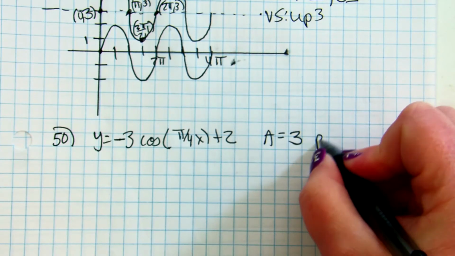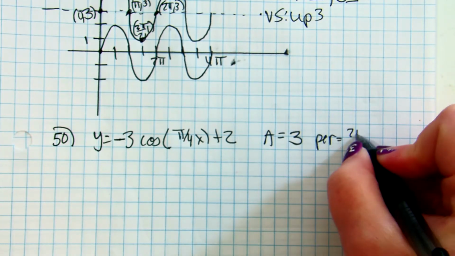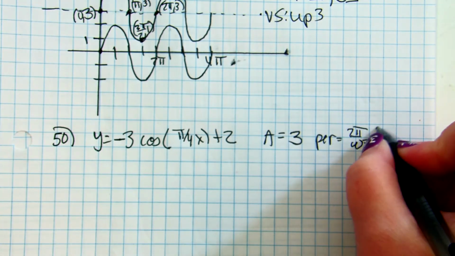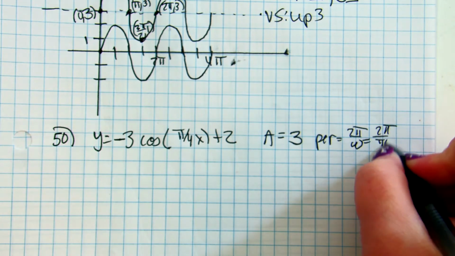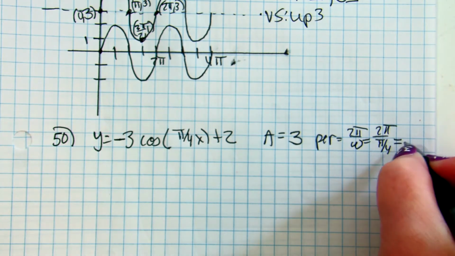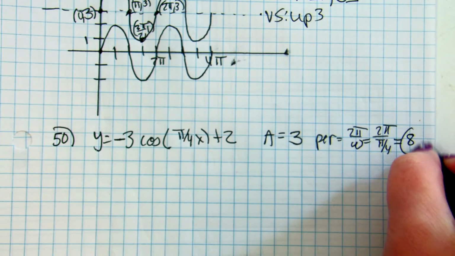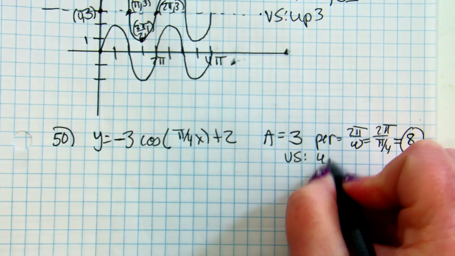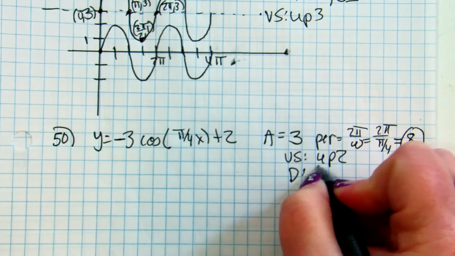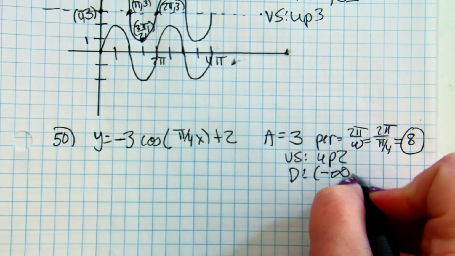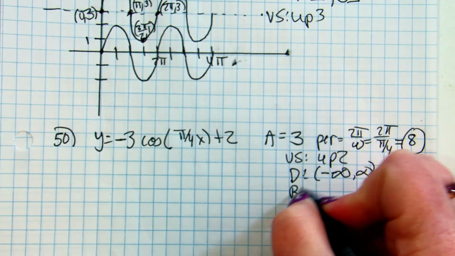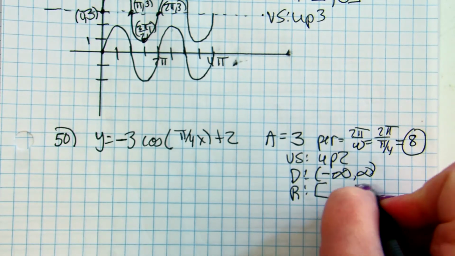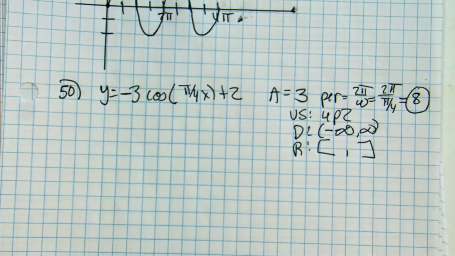The period is 2 pi over w, 2 pi over pi over 4. The pi's cancel. You multiply by the reciprocal, you get 8. There's a vertical shift of up 2, and the domain is all real numbers, and the range we will determine after we move it up 2.